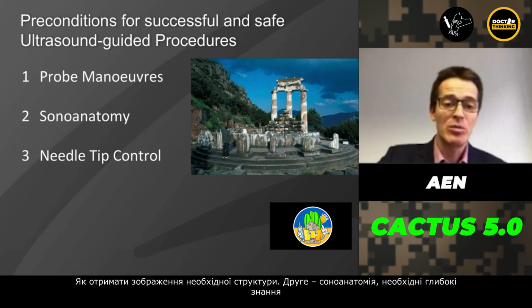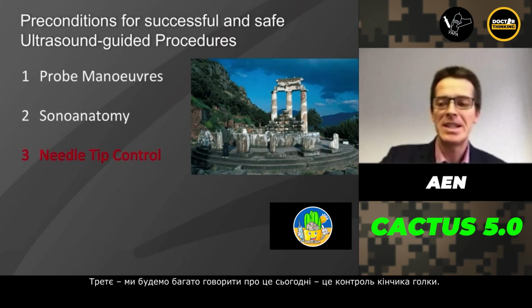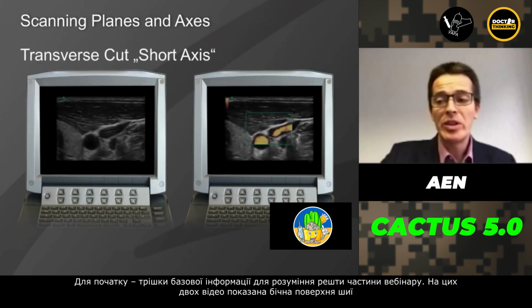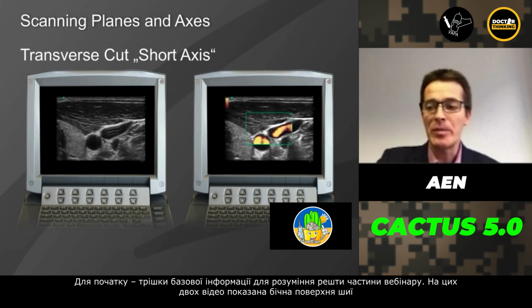The second pillar is sonoanatomy. We need to have a deep knowledge of what we are looking at. And the third thing, and this is going to be the major thing we are talking about today, is needle tip control. To start with, we go over some basic information so that we know what we're talking about within the rest of this webinar.